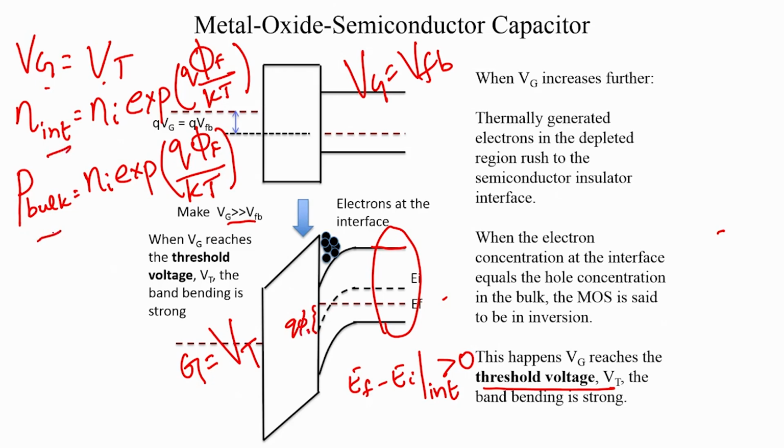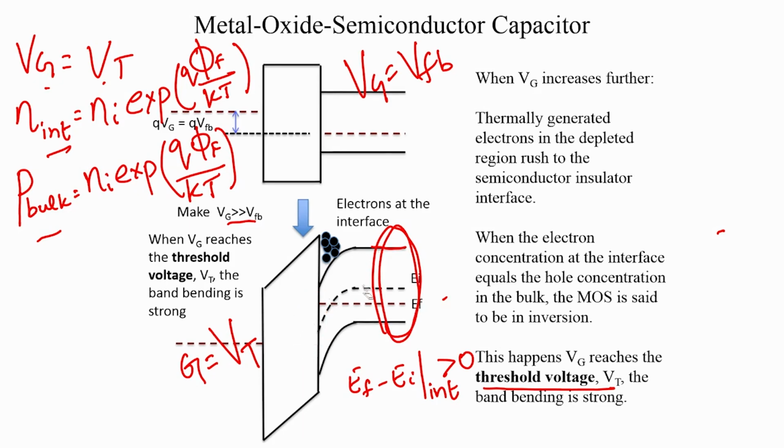So, another way of defining threshold voltage is the gate voltage at which the minority carrier concentration at the interface matches the majority carrier concentration in the bulk. That is another definition of threshold voltage.